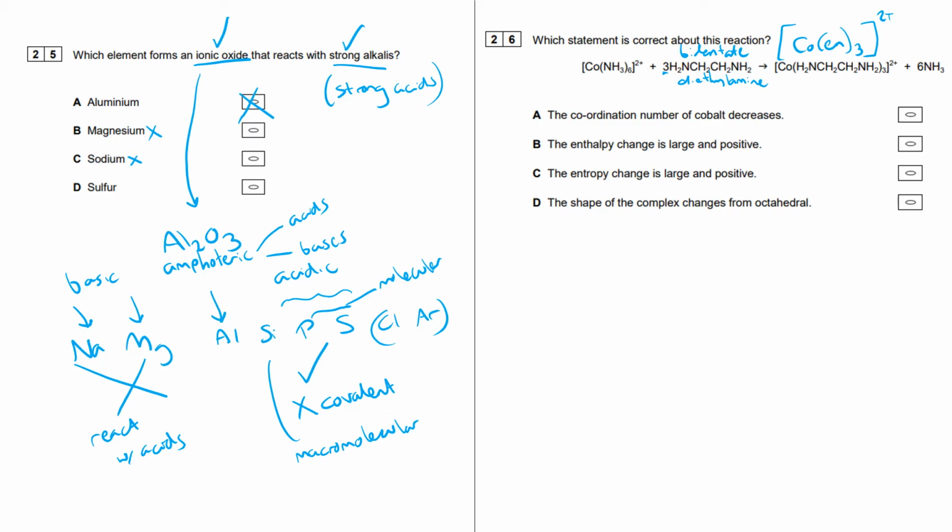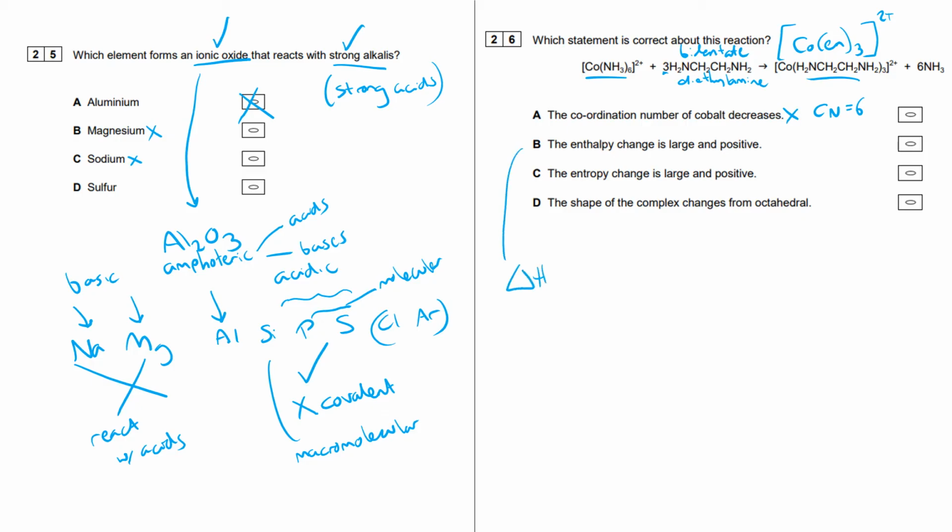So because it's a bidentate ligand, the coordination number stays the same. The coordination number is still 6 in both of the complexes, because there's still 6 coordinate bonds. The enthalpy change is large and positive.